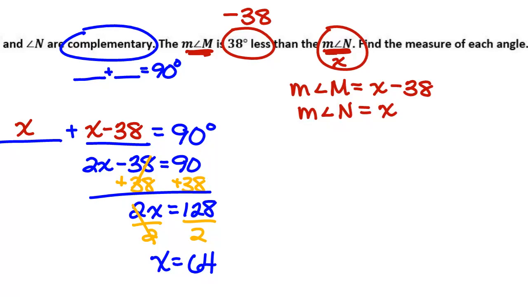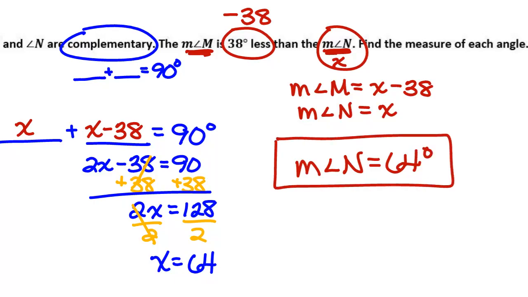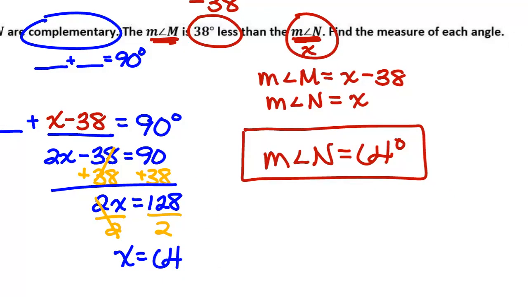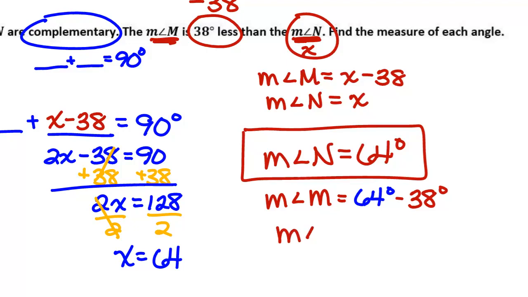That angle N is 64. Yep, measure of angle N is 64 degrees. How do I find angle M? 64 minus 38. Yes, measure of angle M is 26. 64 minus 38. You said that's 26? Yes.